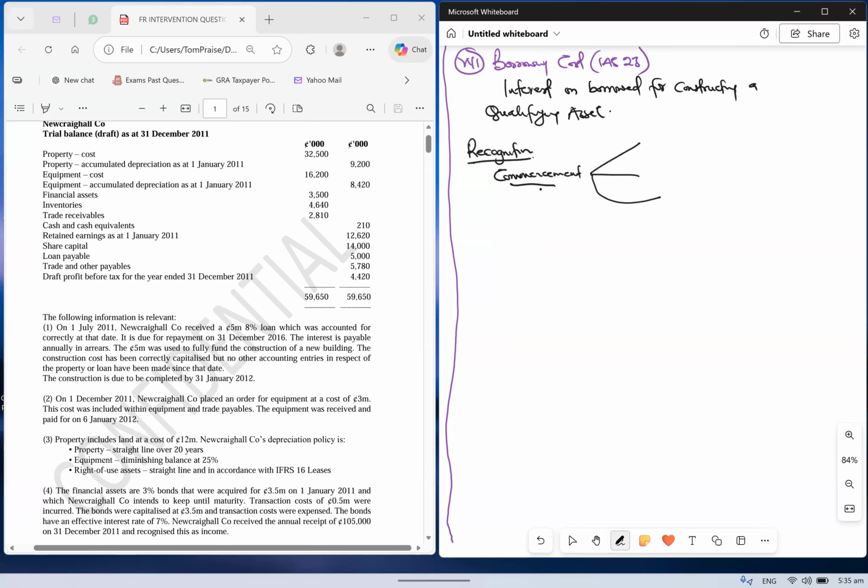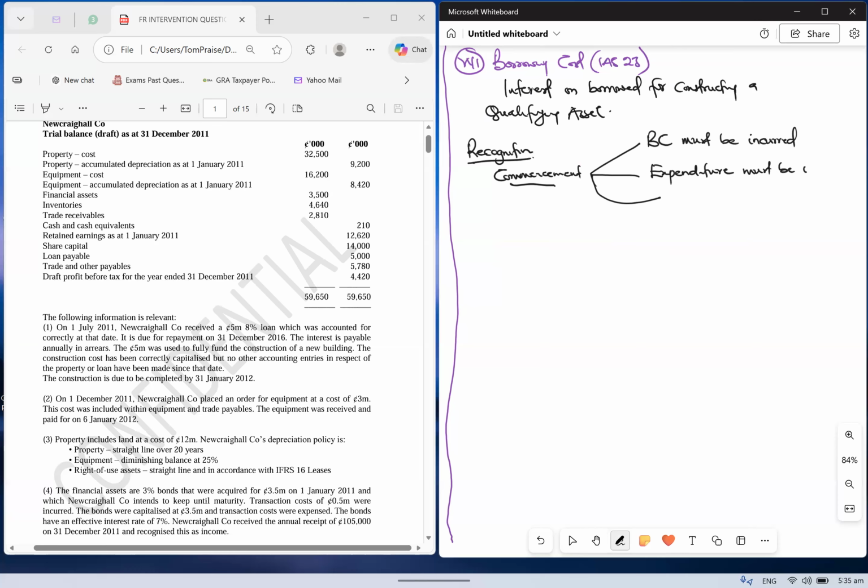Were you taught? So, borrowing costs must be incurred, which means you have to borrow the money. Commencement. Now, expenditure must be incurred. You have to use the money.